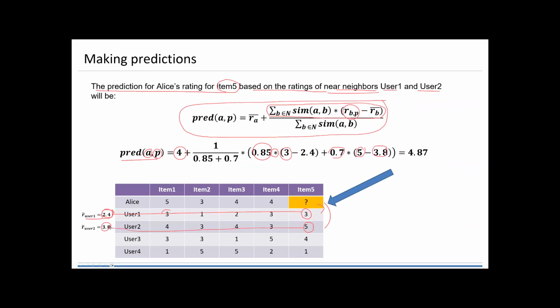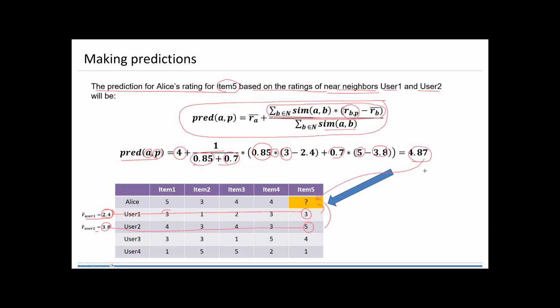The 3.8 is the average of user 2. Then it is divided by the total weight, or the total similarity, which is 0.85 plus 0.7. So we get the value 4.87 for this rating.